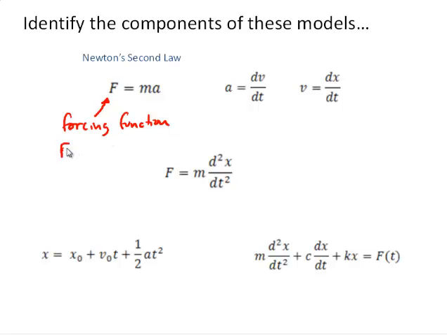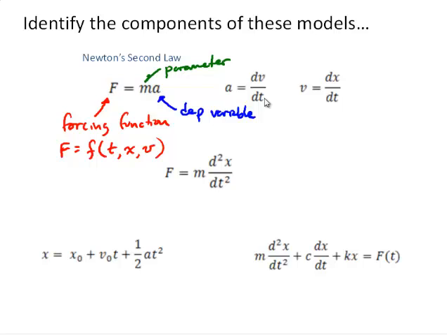And in general, F could be some function of time, position, velocity, etc. The mass would be a parameter, and the acceleration would be our dependent variable. These two definitions aren't really mathematical models so much as they are just definitions, so we won't worry about those.